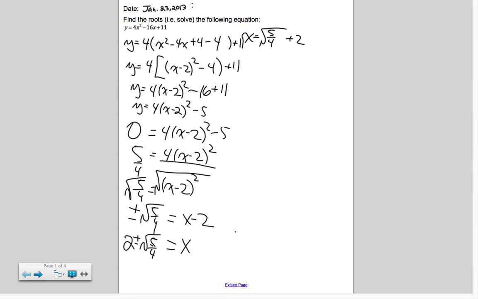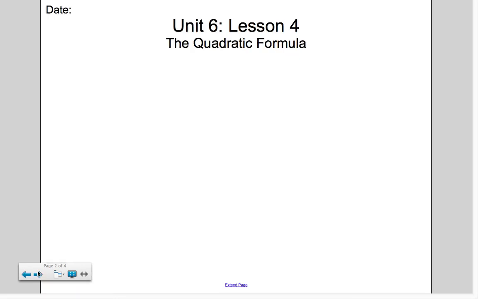Not bad, huh? A lot of work. Kind of sucks. So today, I don't have time to demonstrate or prove the quadratic formula. I just have time to tell it to you.